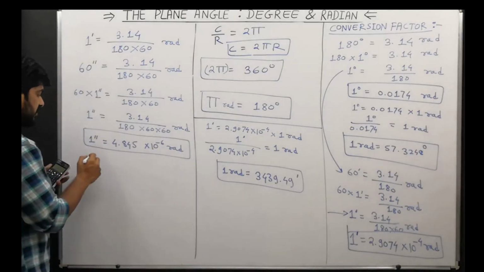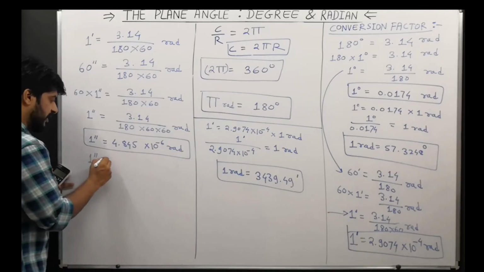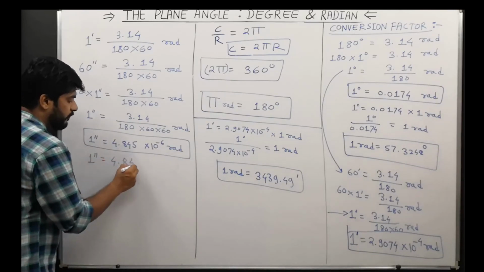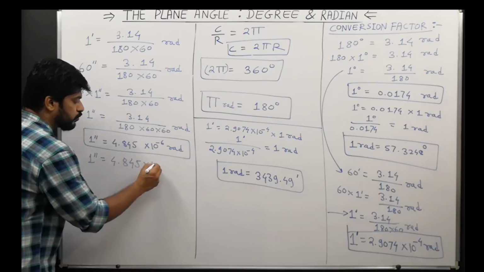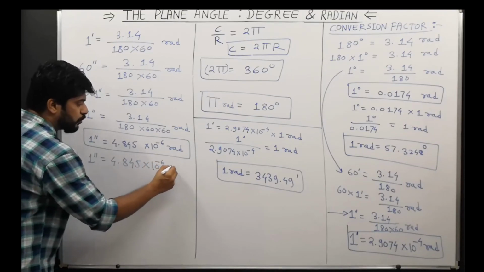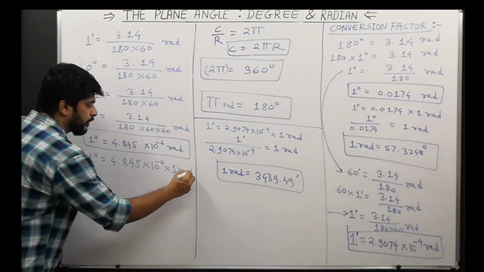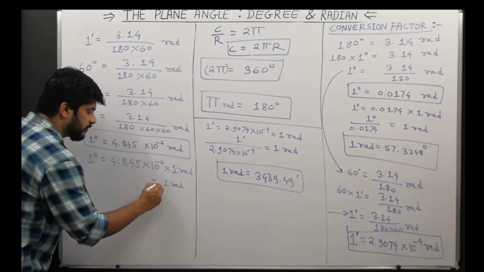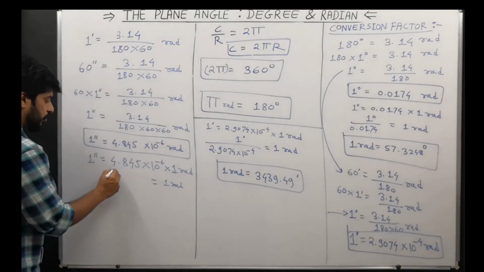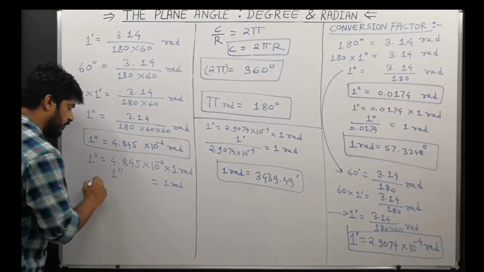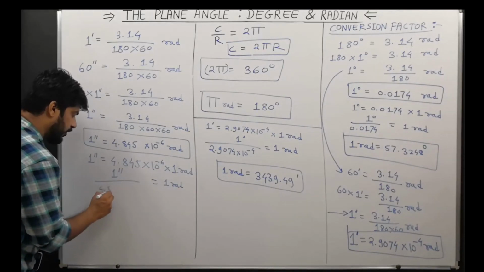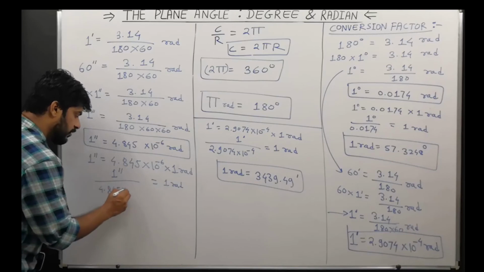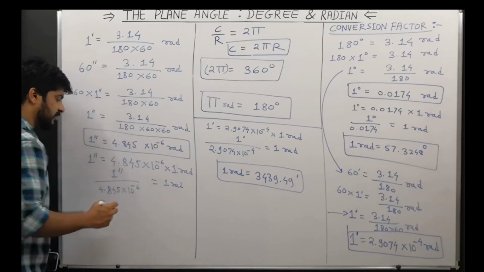Now we can again do the reverse. 1 second is equal to 4.845 into 10 raised to minus 6 into 1 radian, and from this equation we can write 1 radian is equal to 1 second divided by 4.845 into 10 raised to minus 6, right?